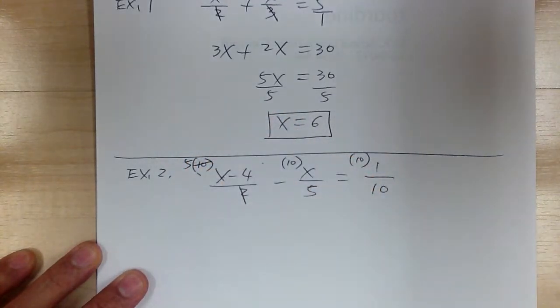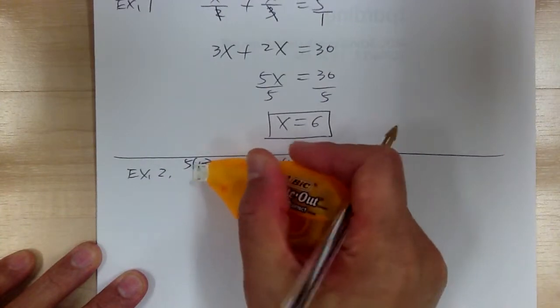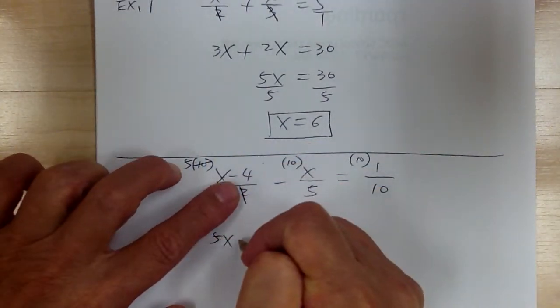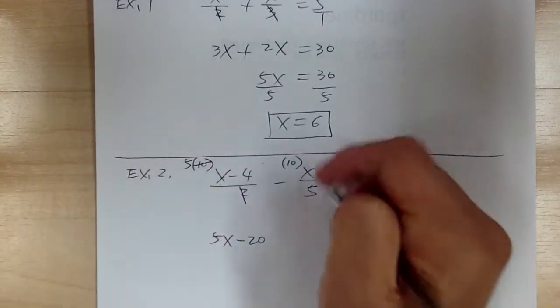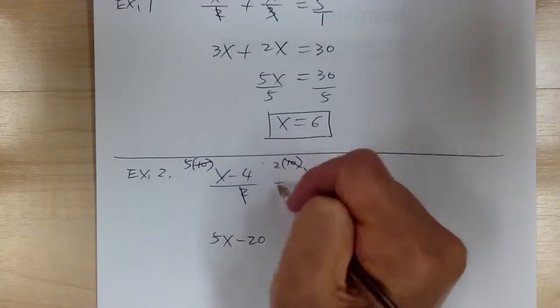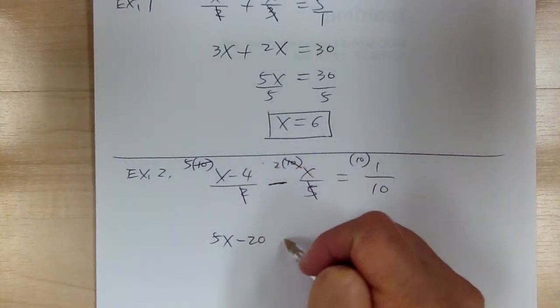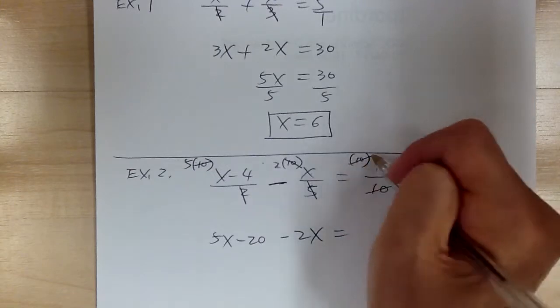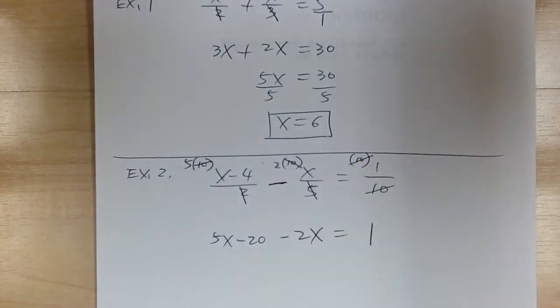So now you can just multiply directly. When you multiply, you get 5x minus 20. This one you cancel, you get 2, so negative 2x. Don't forget your minus, right? So it'll be minus 2x equal, and 10 and 10 cancel, it's 1, so equal to 1.